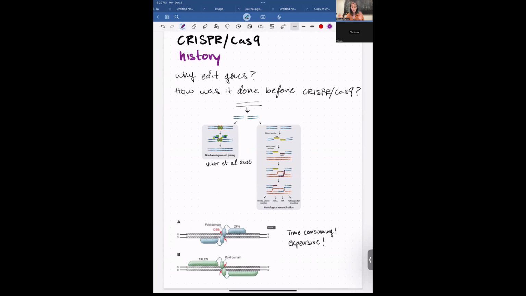Starting off, why do we want to edit genes? Well, we can induce many different changes if we can target a gene specifically at its endogenous locus. We can make mutations in that gene and see how they impact different biological processes.